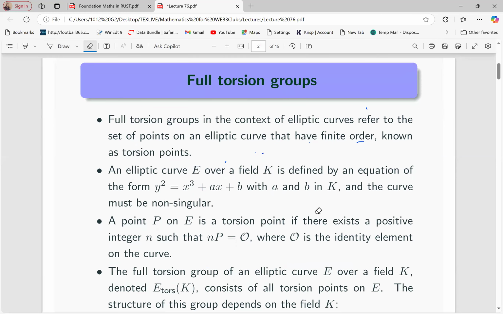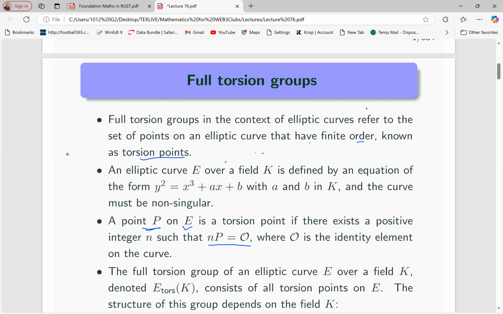Now, when do we say that a point is a torsion point? So a point P on the elliptic curve, of course, we've already talked of torsion points. So when do we say that this point P is a torsion point? Point P is torsion if this condition is satisfied. In other words, if you can obtain an integer n such that n times P, in other words, if you add P n times, then you will find the identity.